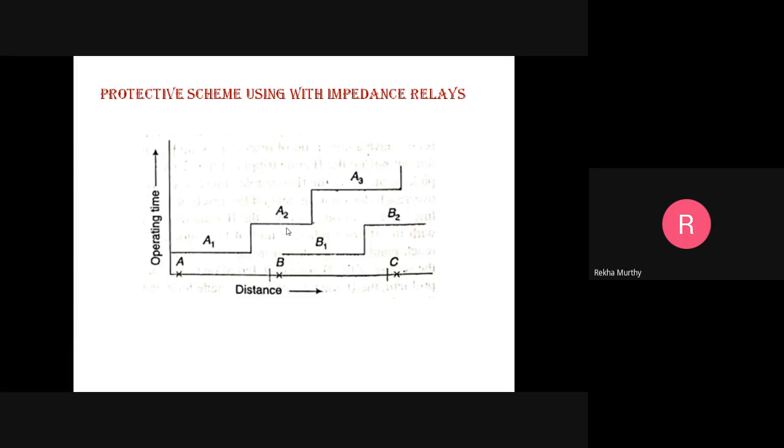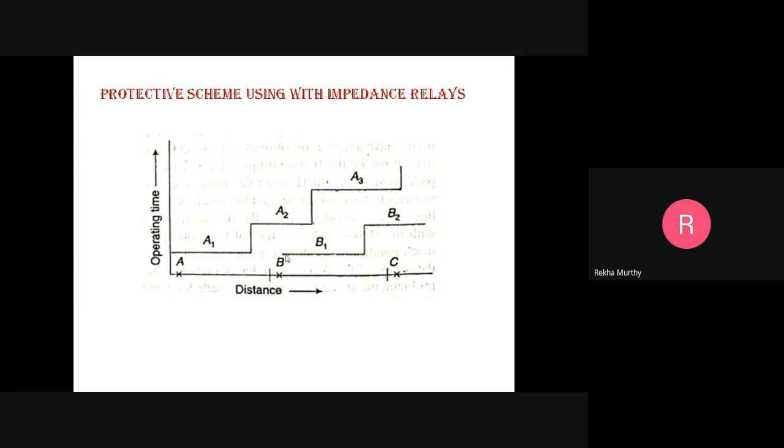To take into account the underreach tendency caused by these factors, the normal practice is to set the second zone reach up to around 50%. Here, from here to here it will be around 80 to 90%. Next, you can see there will be a partition, so 50% of it we have to leave apart for the first zone compared to the second zone.